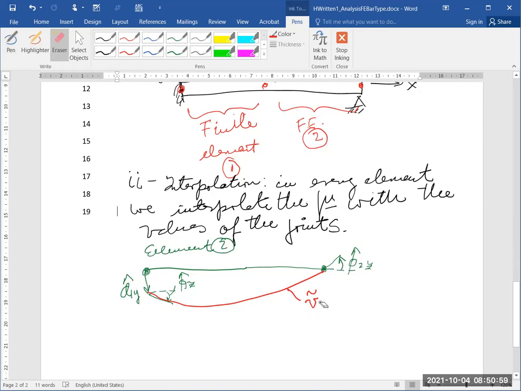We can interpolate using this notation and multiply by, okay, you see that this is a row and this is a vector.